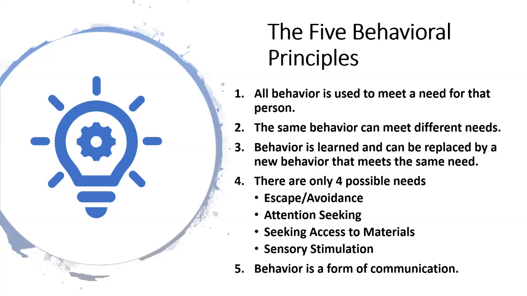It's important to remember that every behavior is a form of communication, even though sometimes it feels like it's happening for no reason at all. There is always a reason. So on our next slide, we'll see a behavioral sequence that talks about the video you saw with Tim.